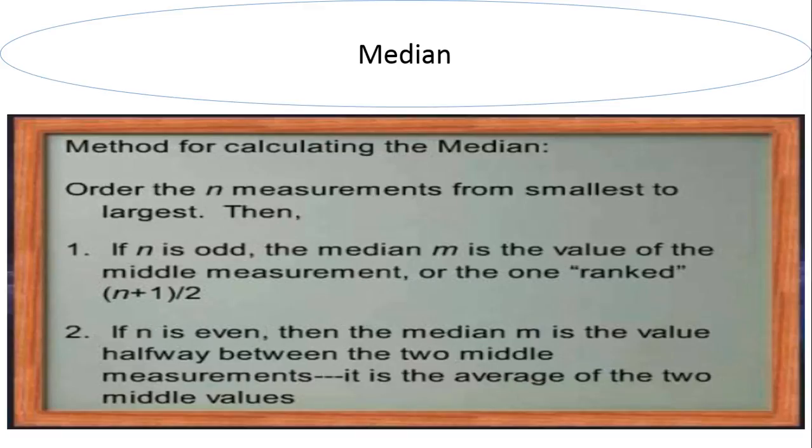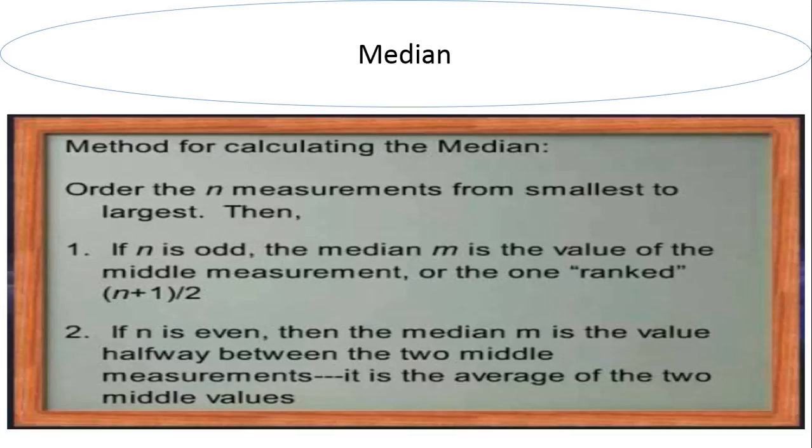If n is even, if you have an even number of observations, then the median m is the value halfway between the two middle measurements. It is the average of the two middle values.